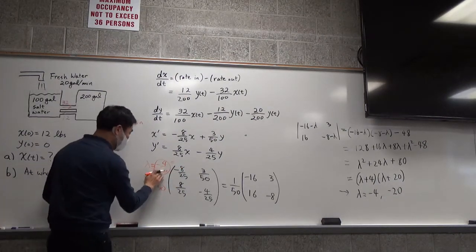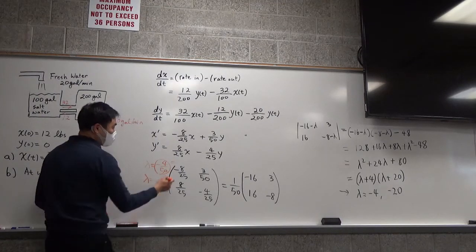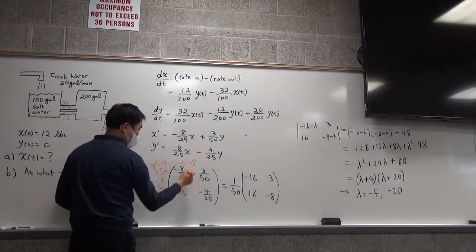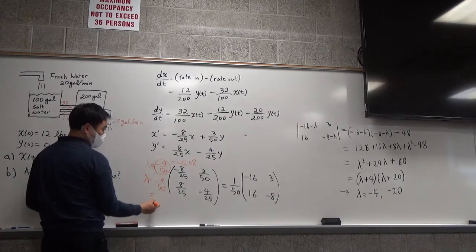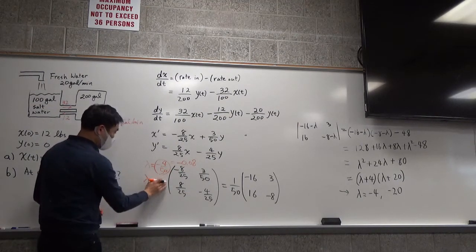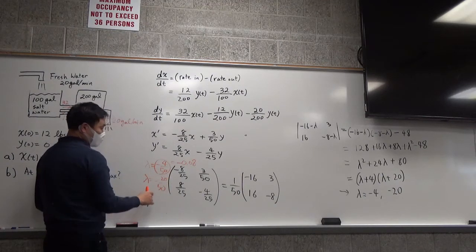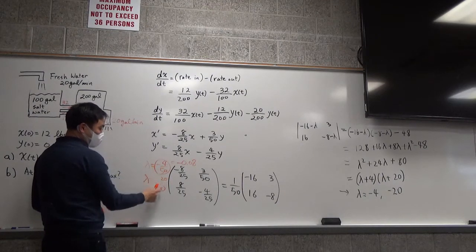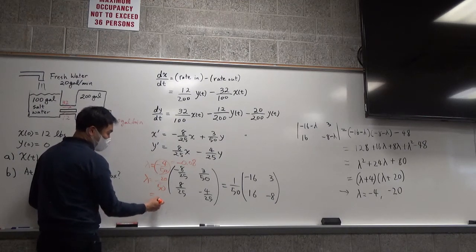Sorry, why did I put 20? It should be 50. So this will be negative 0.08, whereas this one will be, sorry, 20 over 50. So 4 over 50 and 20 over 50. And then 20 over 50 is 0.4.